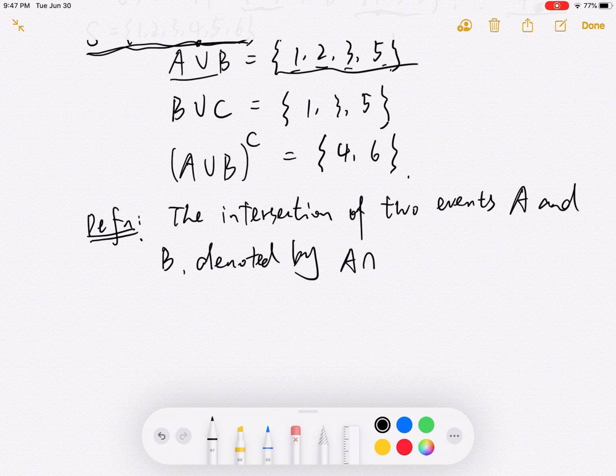Now, next definition. Event. An event is any collection or subset of outcomes contained in the sample space.